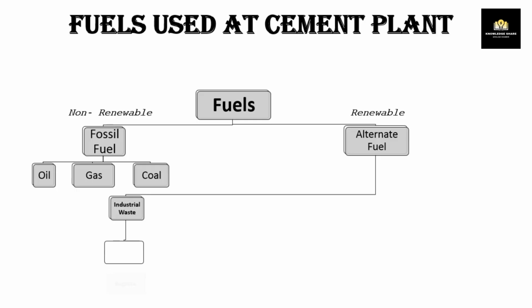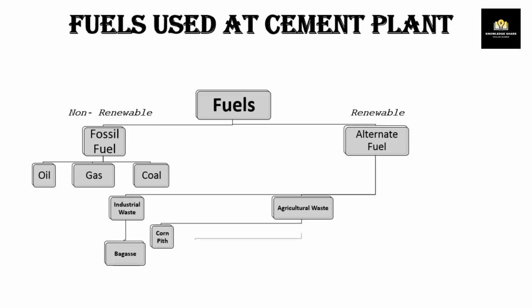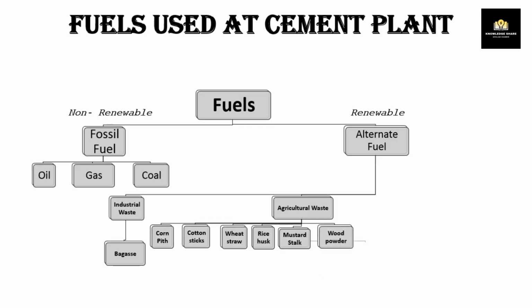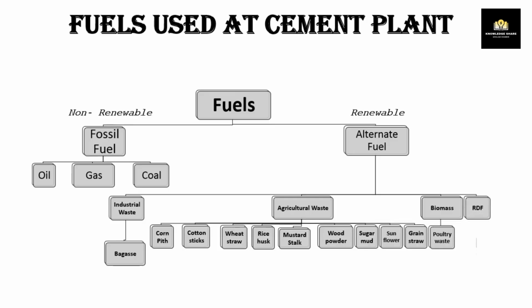Alternate fuels used at cement plants are industrial waste, such as bagasse, agricultural waste, such as corn pitch, cotton stick, wheat straw, rice husk, mustard stalk, wood powder, sugar mud, sunflower, grain straw. Biomass such as poultry waste, RDF such as MSW, and TDF includes tires.